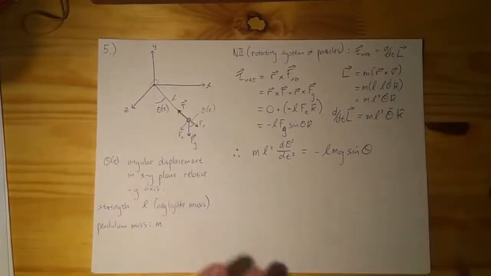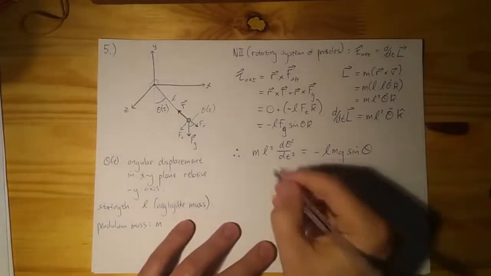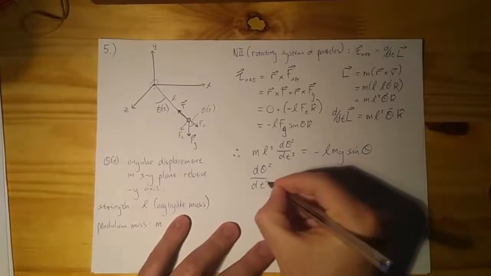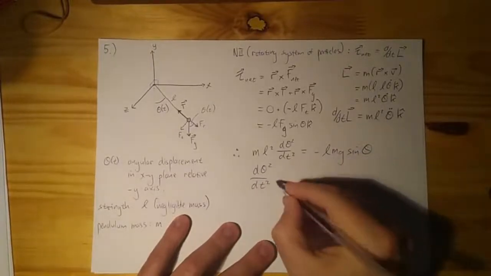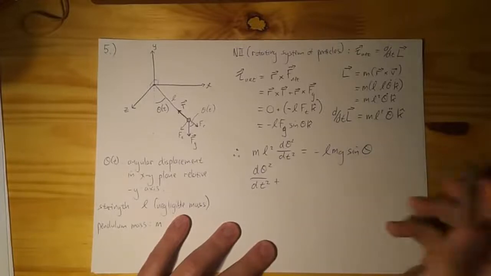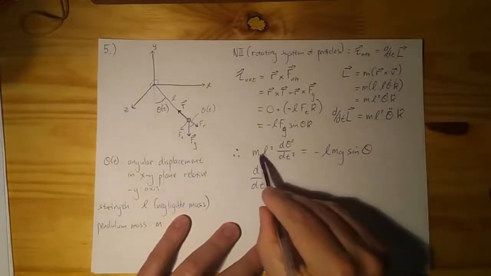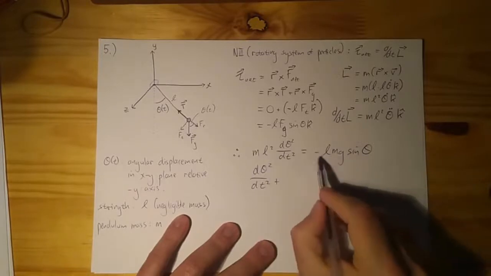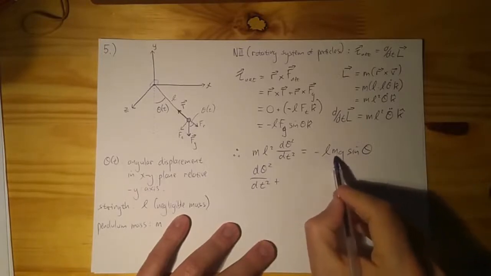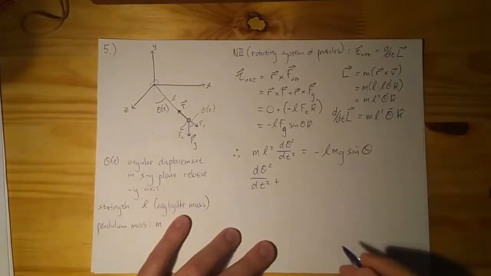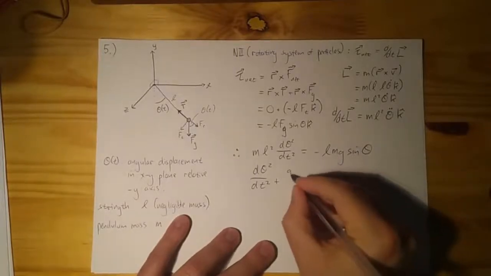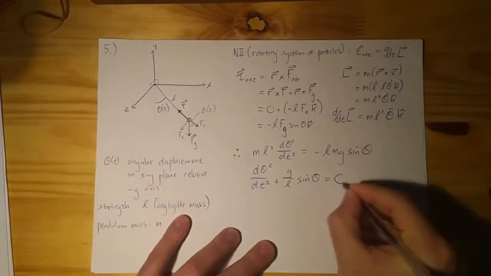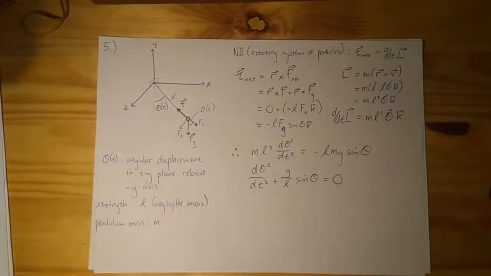So let's rearrange this. We get d squared theta dt squared plus, if I divide by m L squared and bring that term over, the m's cancel, the L's cancel, g over L sine theta equal to 0. There we go.